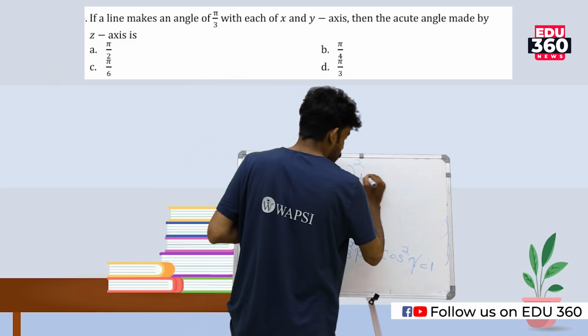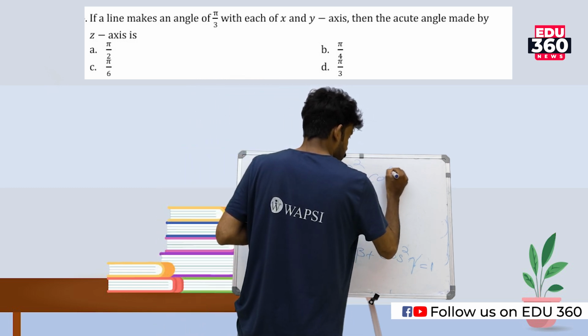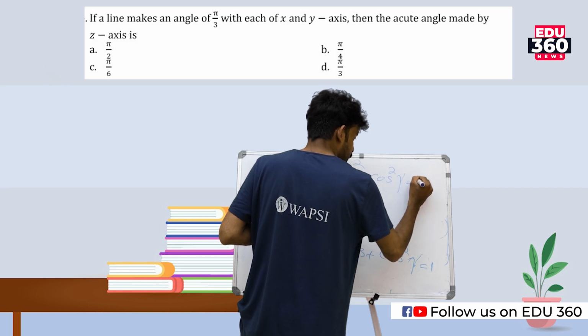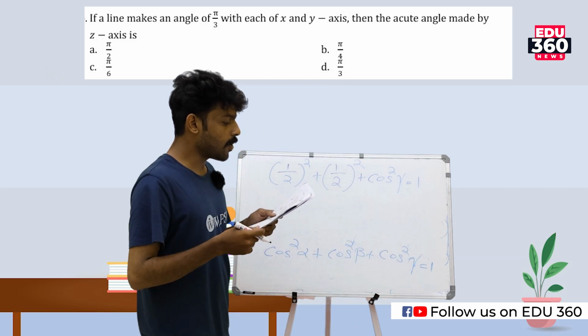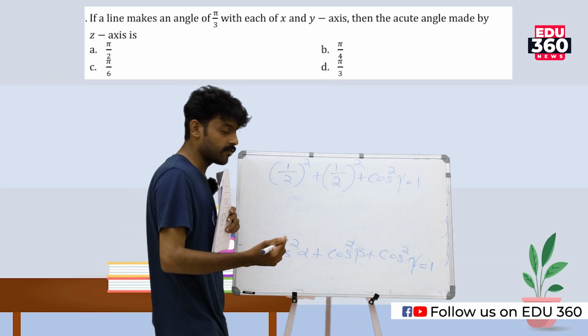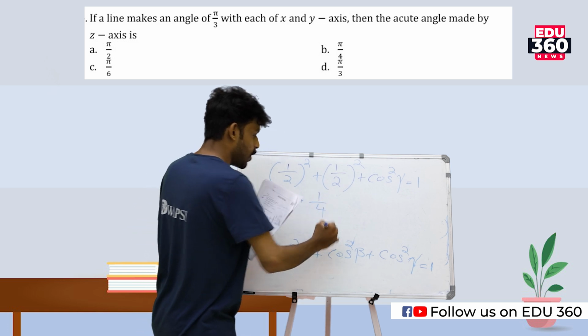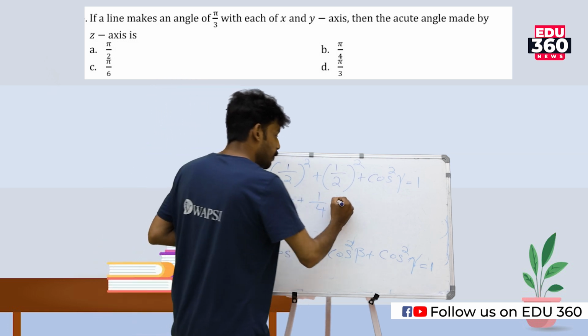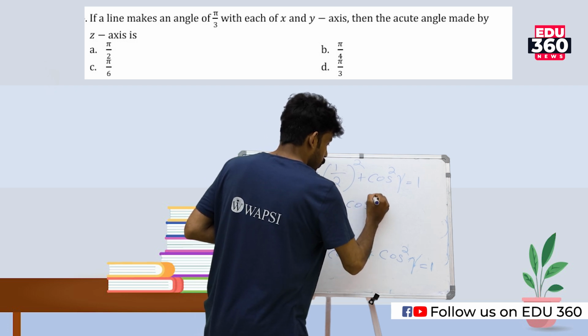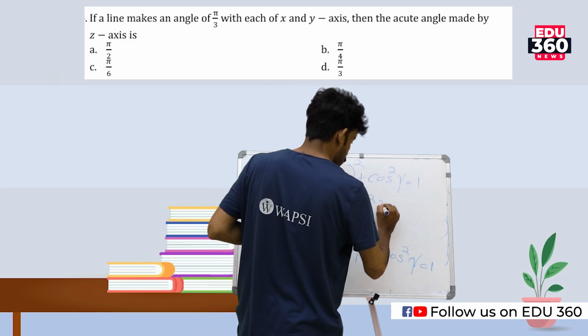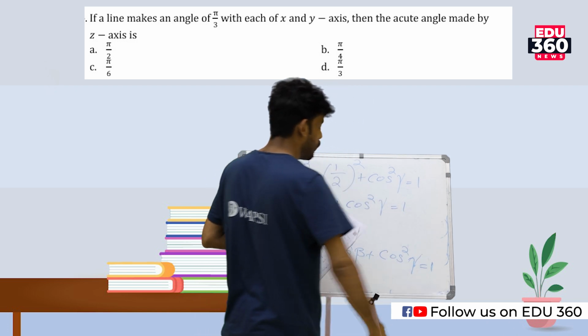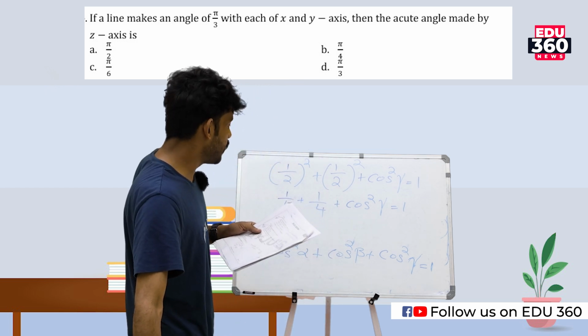We don't know cos square gamma, so it equals 1. So 1 by 2 the whole square is 1 by 4 plus 1 by 4 plus cos square gamma is equal to 1.